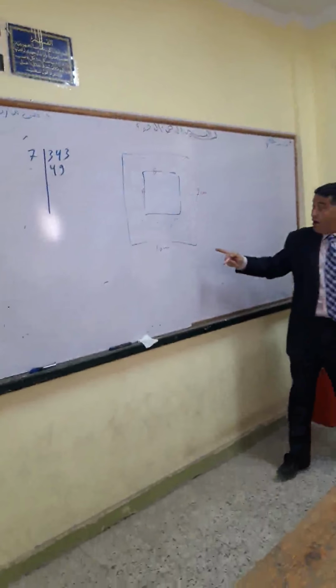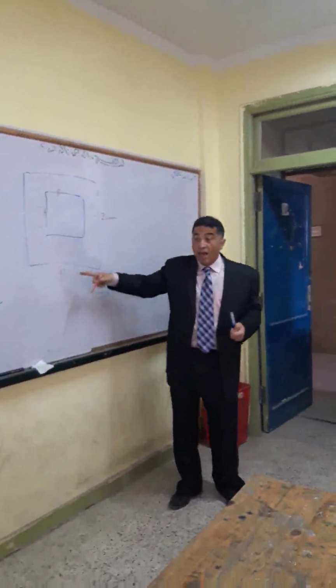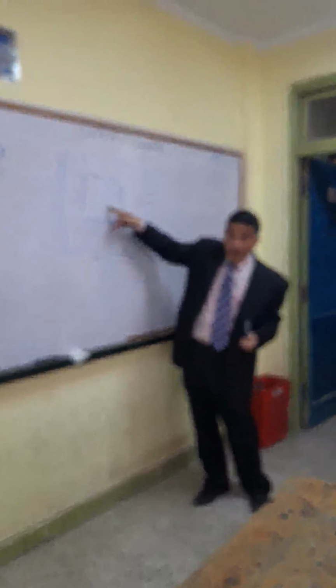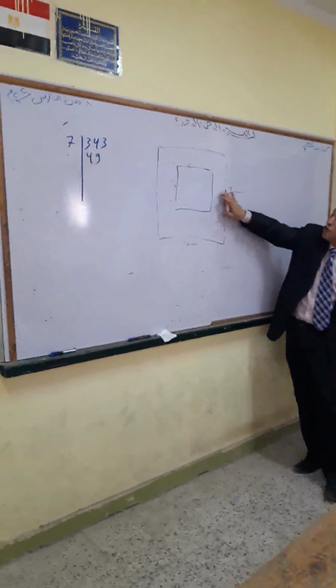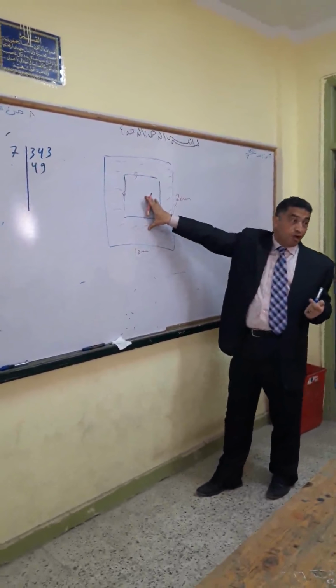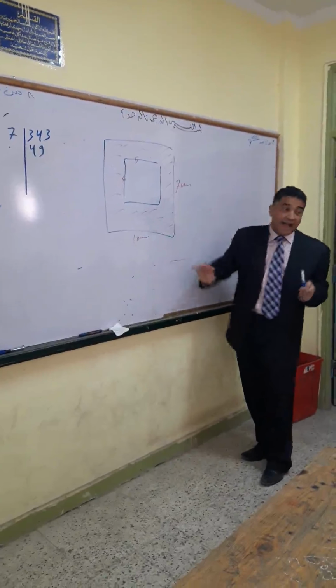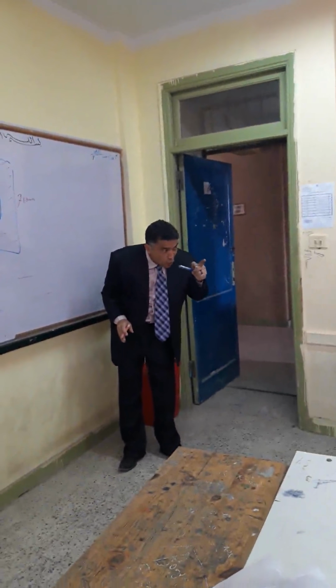I will find the area of the outer rectangle, the area of the inner square, and subtract. Area of the shaded part equals area outer minus area inner. The outer is a rectangle. Area of rectangle equals length times width.